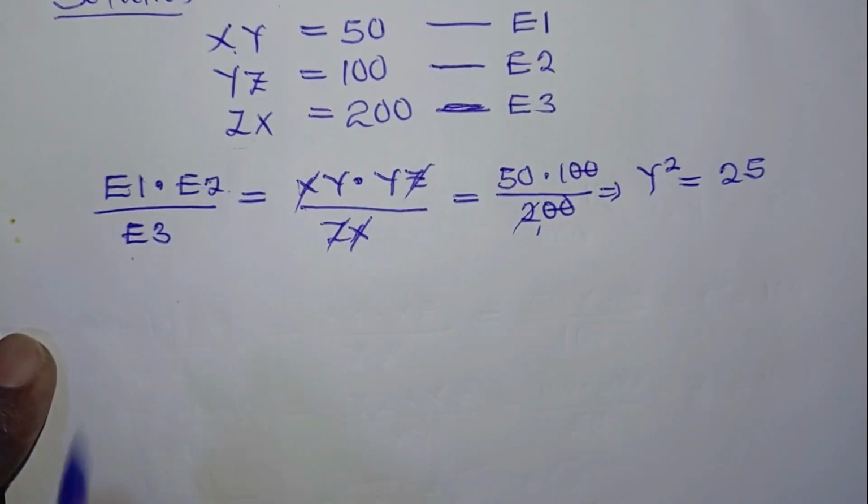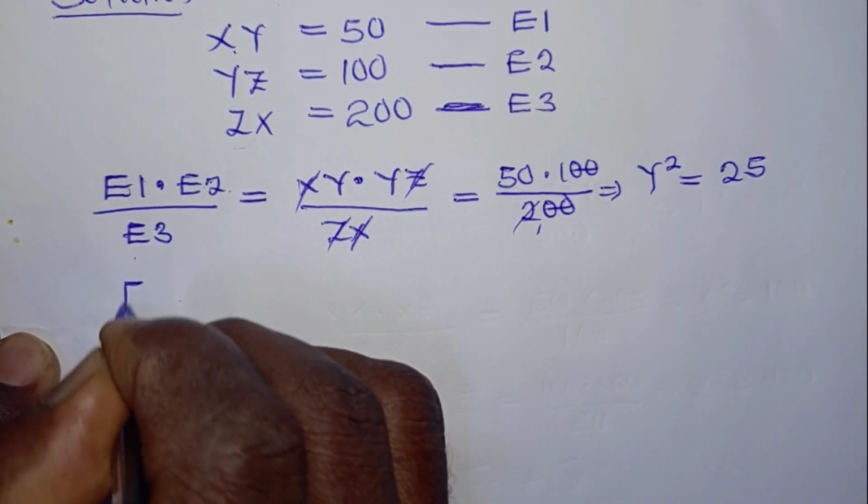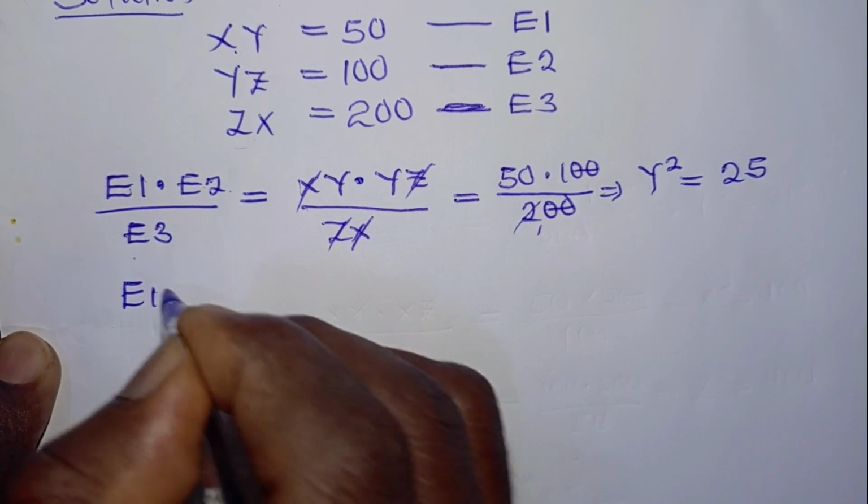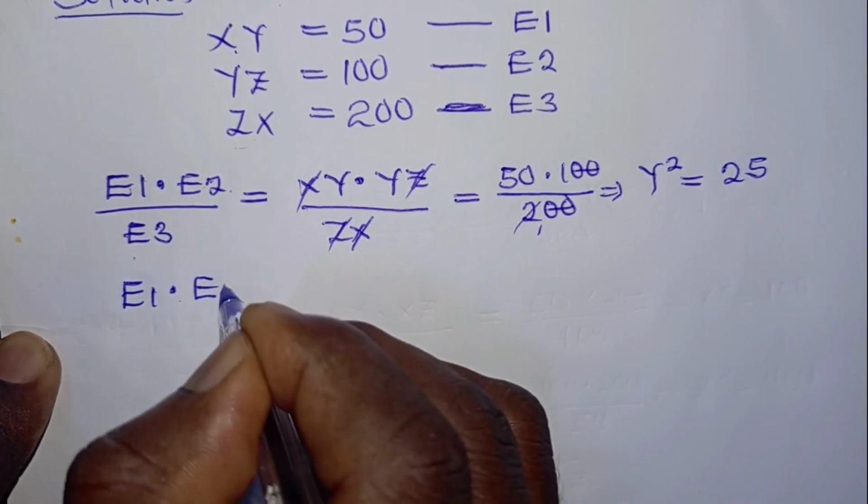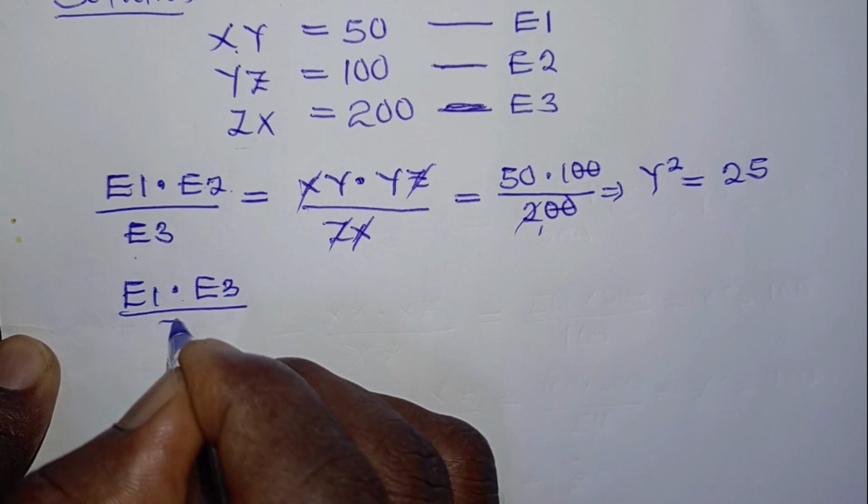So straight, easy. Then also, if you take equation 1 times equation 3 divided by equation 2.